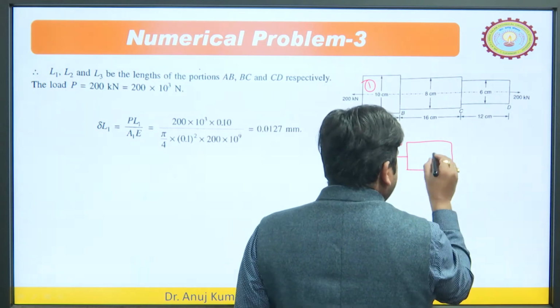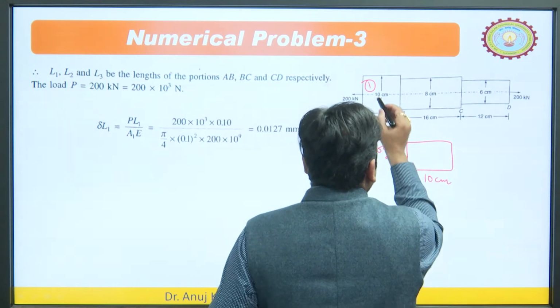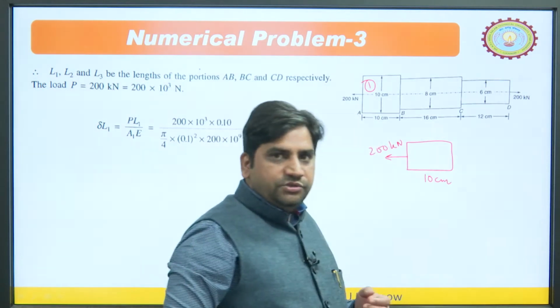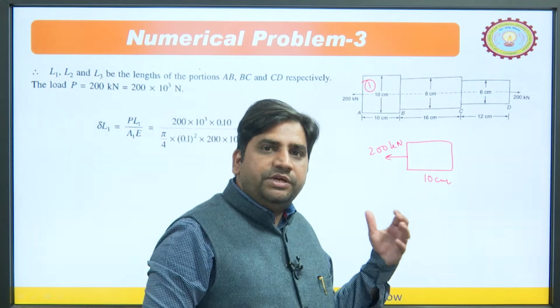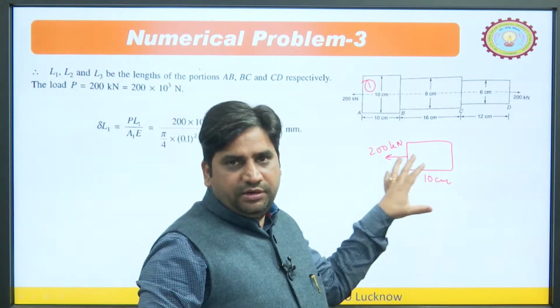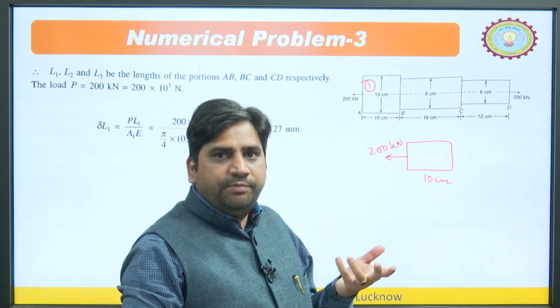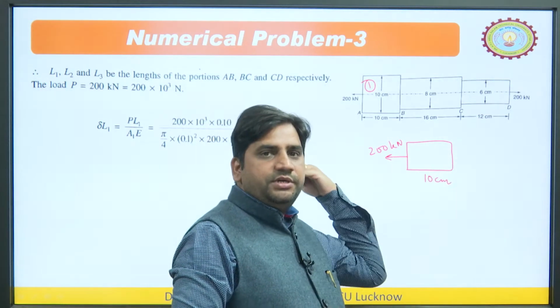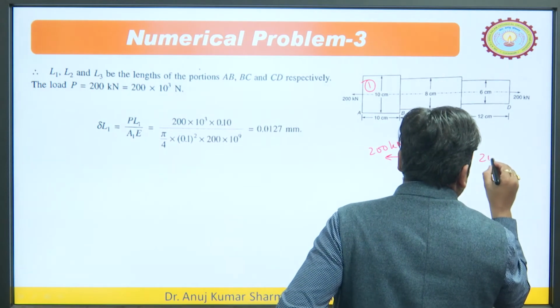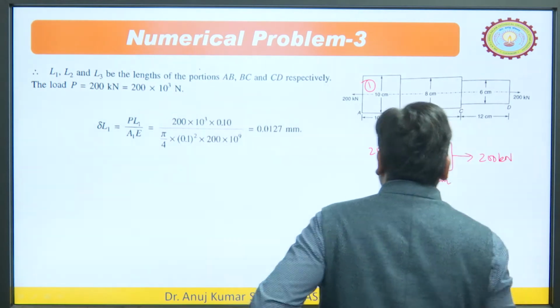Just to balance this, if you draw the free body diagram of this particular portion, it is not sufficient. It means we have to apply an equal and opposite force on the other side. Only in that condition will it feel some elongation, otherwise what will happen? It will start moving in this direction, right. So, just to balance this, we have to apply 200 kilonewton.